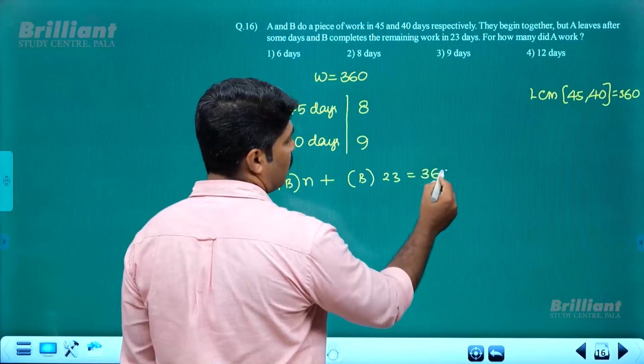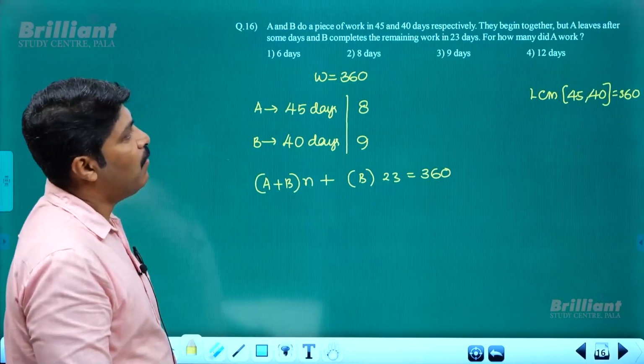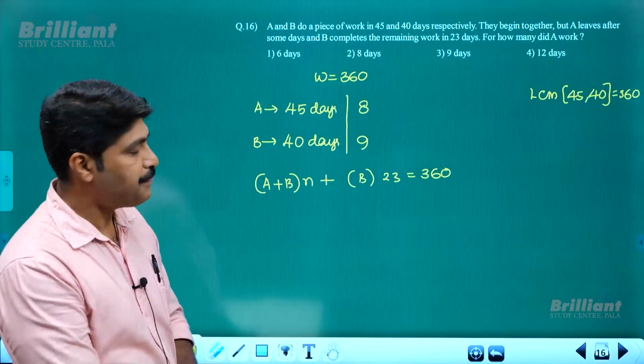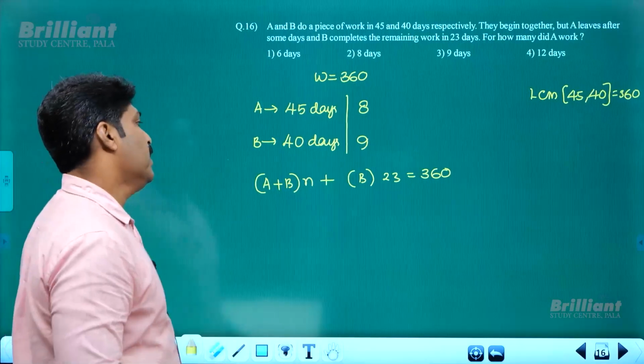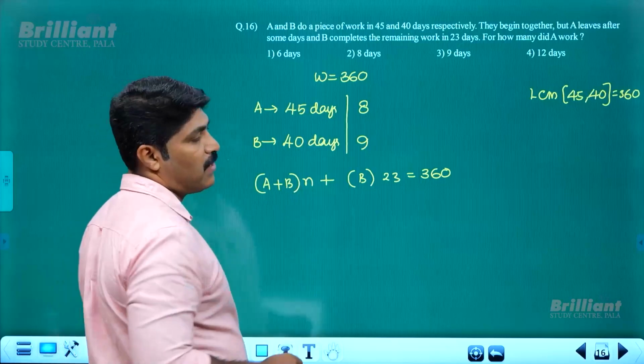What is the total quantity of work? 360. We have to find out for how many days A worked, so we have to find the value of n here. Instead of A and B, we put the rate of work of these two persons.